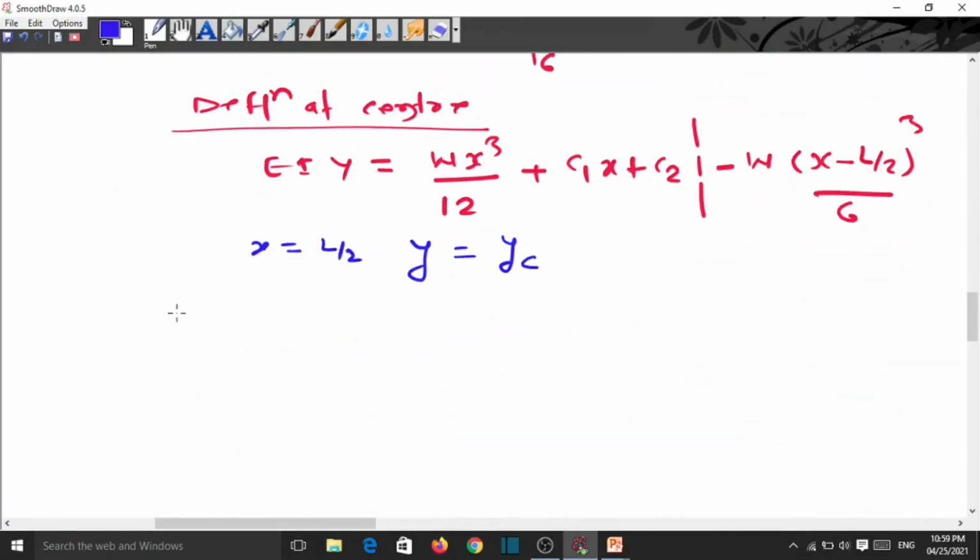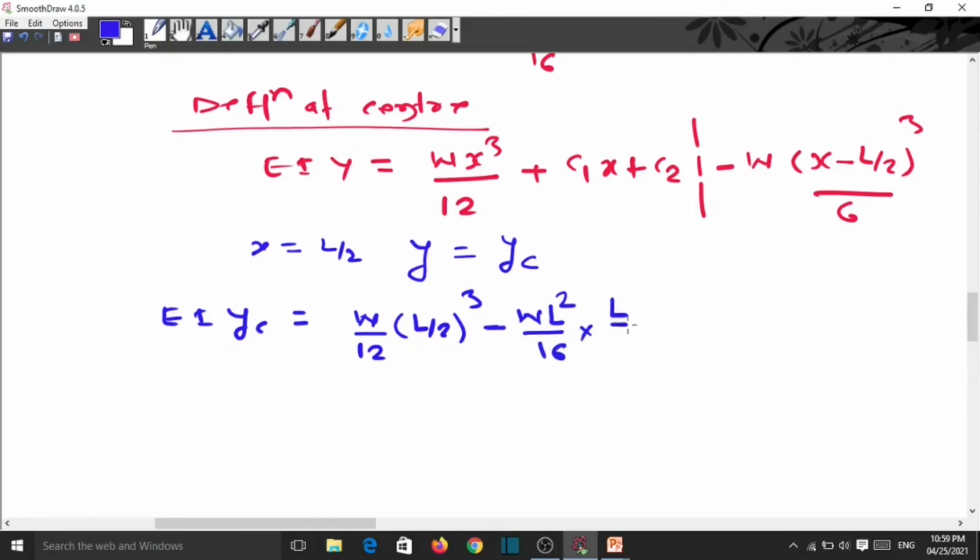So EI yC is equal to W by 12, here in bracket is L by 2 bracket cube, then minus, here C1 value is minus WL square by 16 into x is equal to L by 2, then C2 is 0.